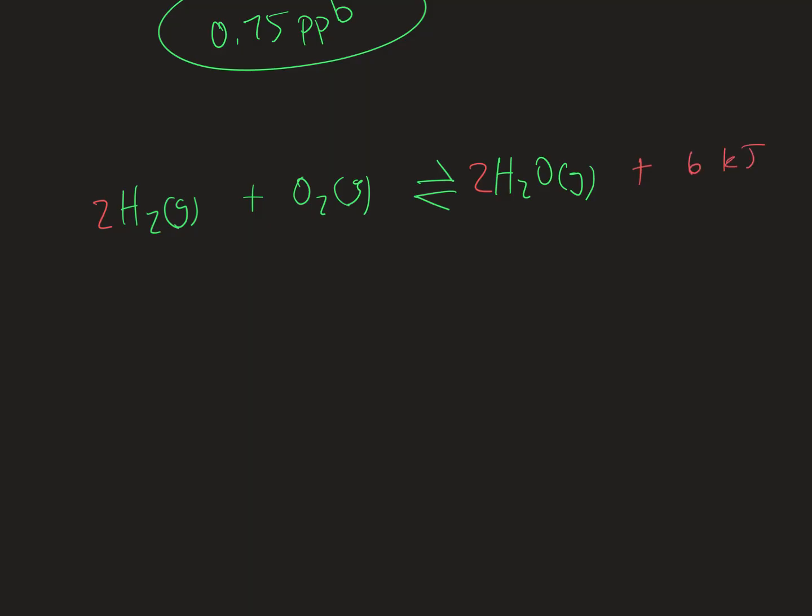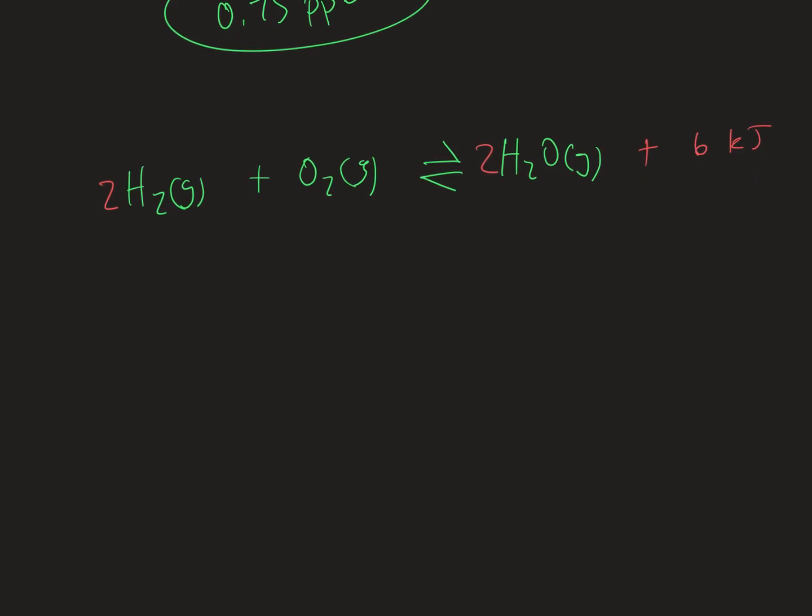So how do we get the reaction to go in the forward direction? This is the forward direction. Pressure. If we increase the pressure, because most of our gases are on the left, those molecules are going to collide more often and make more water.